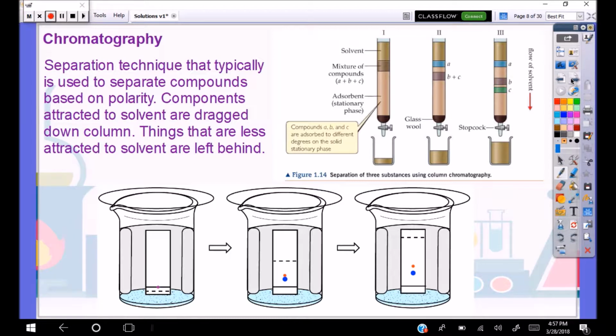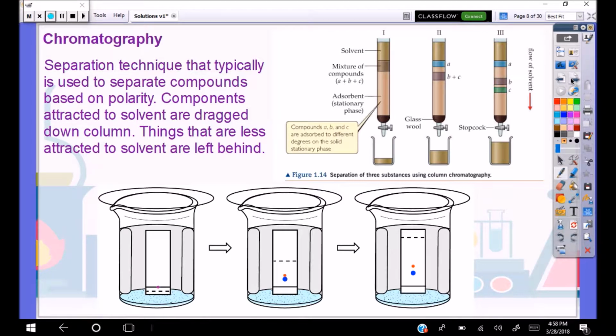This is typically a technique that is used to separate compounds based on their polarity. So you have a solvent, you have solutes that you're trying to separate from each other. You pour the solvent through them and they will separate based on polarity. If they're polar, obviously they're going to be attracted to the polar stationary phase, or if the stationary phase is nonpolar, then they won't be attracted to the stationary phase and they'll be attracted to the solvent.